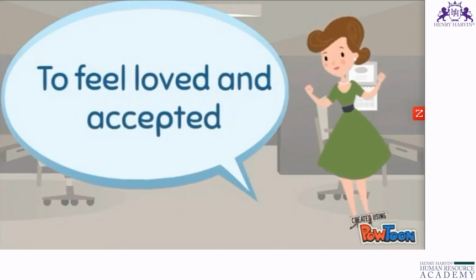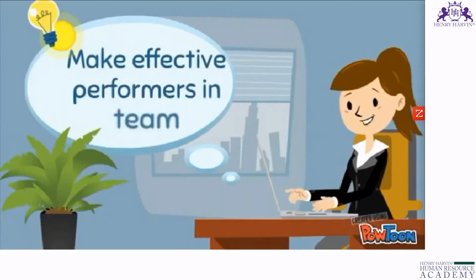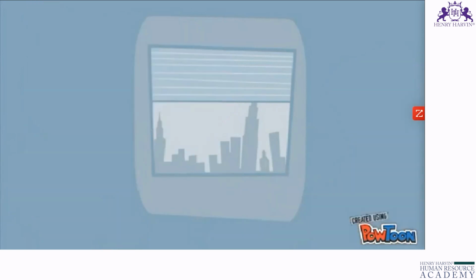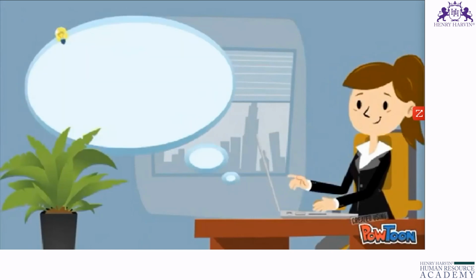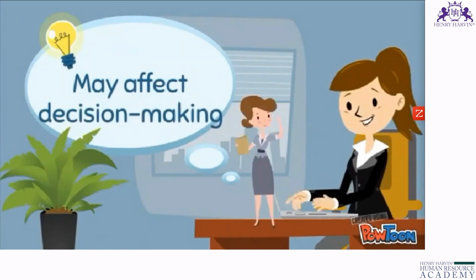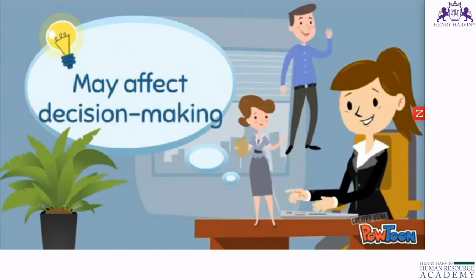Thus, they have an urge for a friendly and supportive environment. Such individuals can be effective performers in a team because they want to be liked by them. However, the manager's ability to make decisions is hampered if they have a high affiliation need, as they prefer to be accepted and liked by others, which weakens their objectivity.